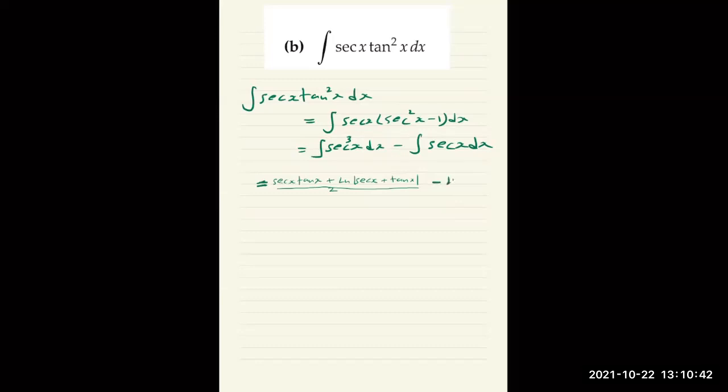That's going to be minus ln absolute value of secant x plus tan x plus c. Of course, if you want, you can simplify this a little bit, because you have ln secant x plus tan x here, and also ln secant x plus tan x here, but with the 1/2, you can simplify that. But this is going to be the integral of the given function.